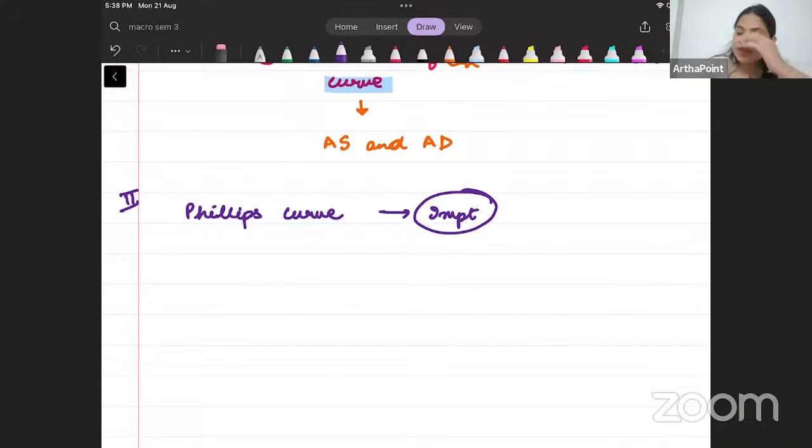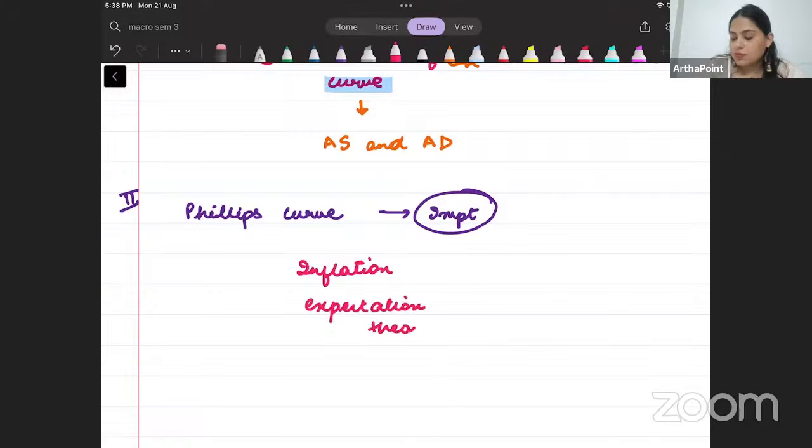Okay. So beta, in Phillips curve, I will be talking about inflation, first of all, and I will be talking about expectation theories. Then I will be deriving the Phillips curve in both the short run and long run.